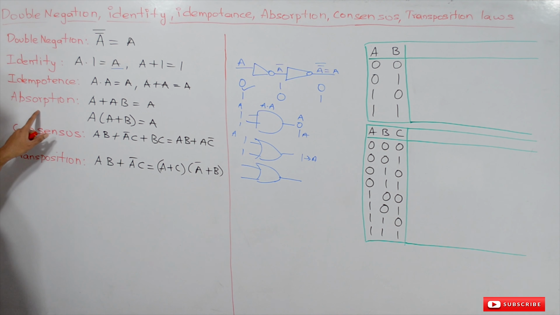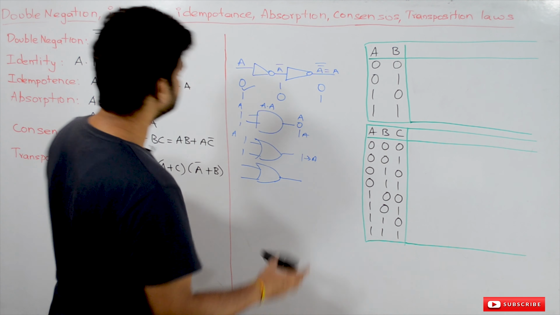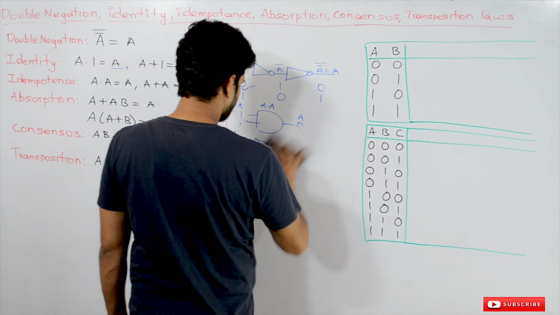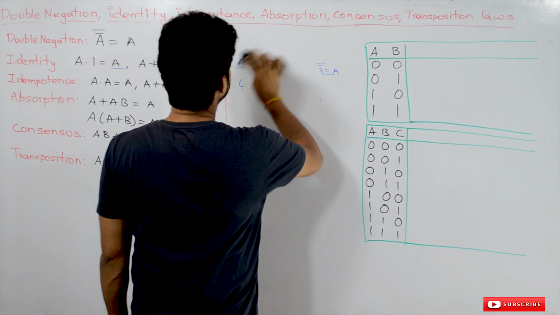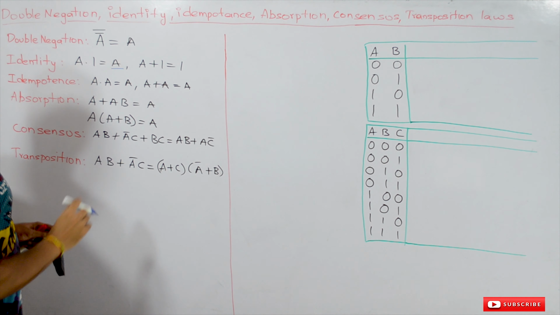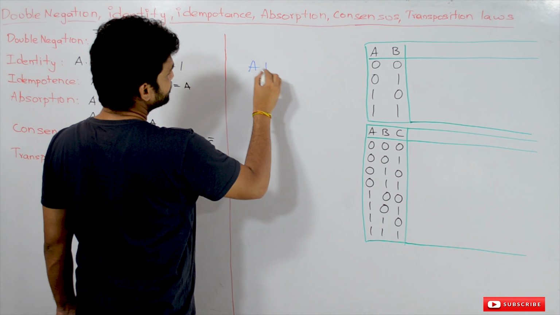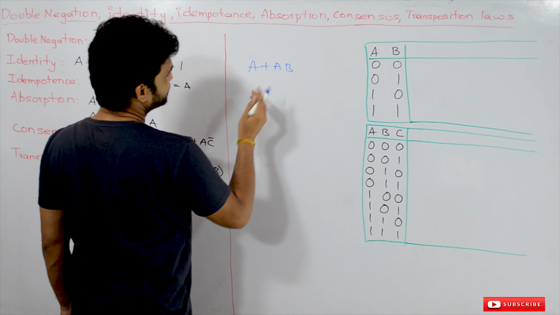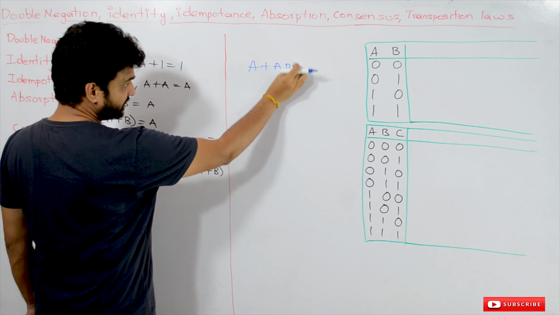The next one is the absorption law. This is very important. The absorption law states that a plus ab is equal to a. Absorption means this a is going to absorb this b.